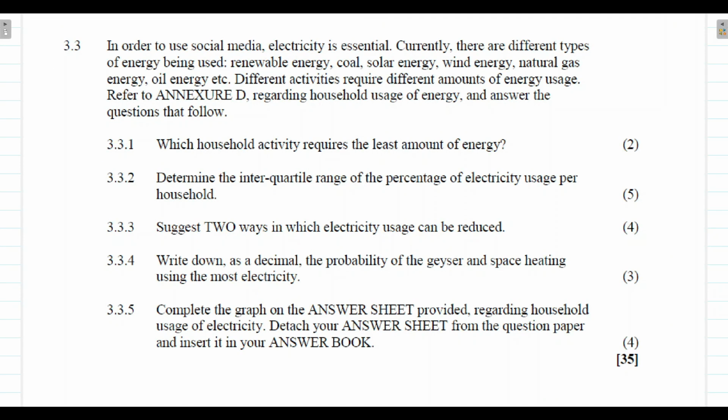We're also going to be interpreting data that is given to us and calculating probability. So in this question, mostly data handling, just one probability question, and also interpreting data that is given to us.